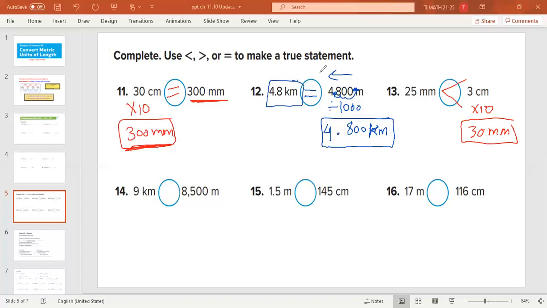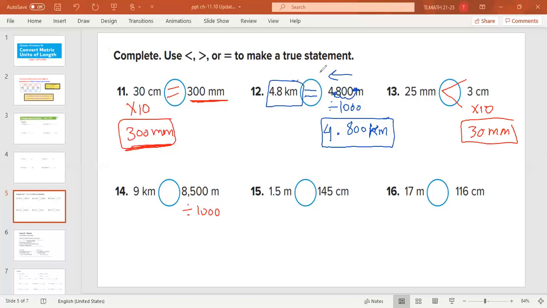Now let's go to question number 14. In question number 14, we have kilometer and we have meter. I'm going to convert meter to kilometer. So I'm going to use the divide, divided by 1,000.